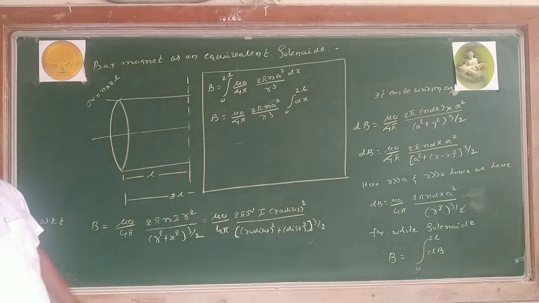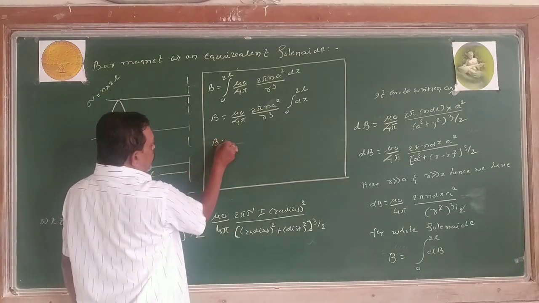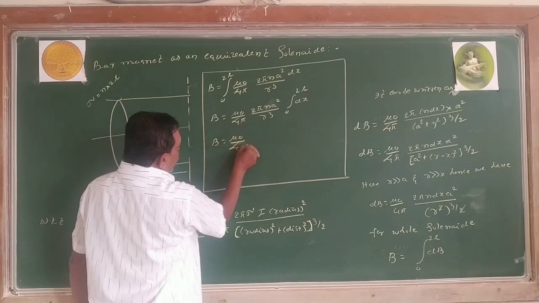2l. B equals mu naught divided by 4 pi, 2 pi.